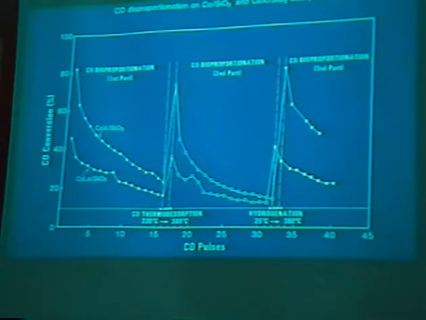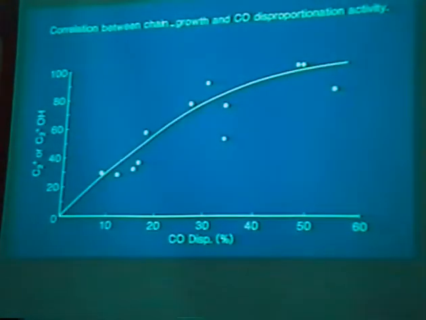So knowing all these data on different catalysts, we tried to correlate these data with the tendency of the catalyst to favor chain growth towards higher alcohols or higher hydrocarbons.